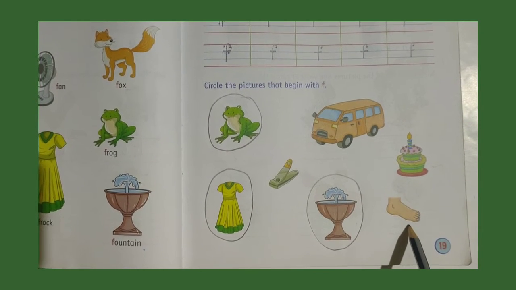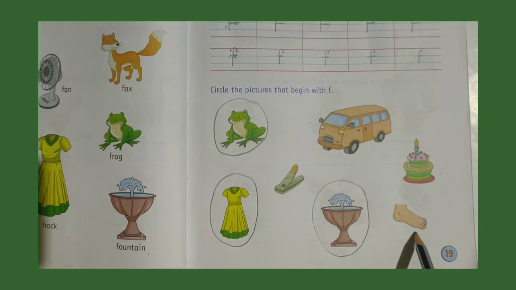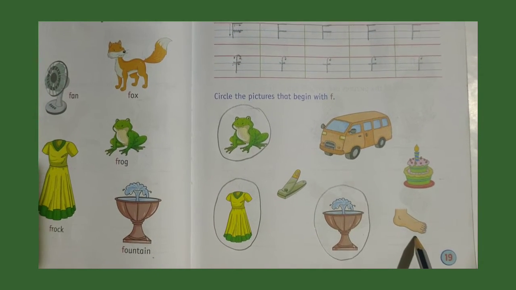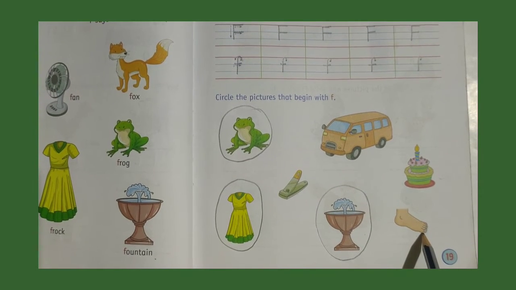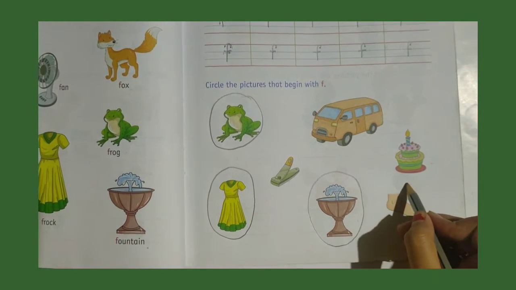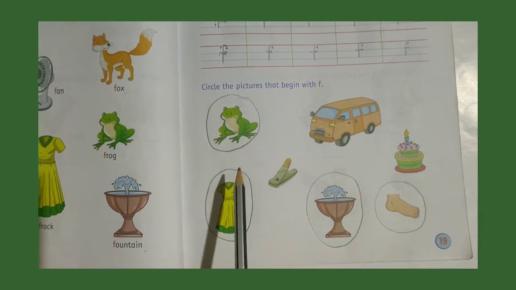Next picture we can see our body parts. The name of the body parts is foot. F-O-O-T, foot. Yes, foot is starting with the letter F. So circle the picture foot.